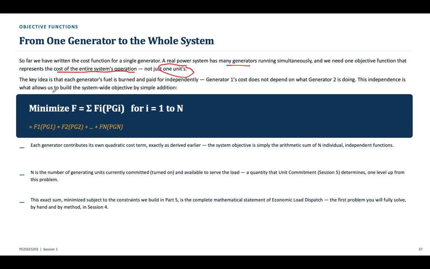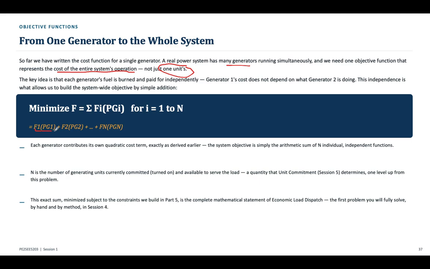The key idea here is that each generator's fuel is burned and paid for independently. Generator one's cost does not depend on what generator two is doing. This independence is what allows us to build the system-wide objective by simple addition. So minimize f, that is the summation of fi(Pgi) for i equal to 1 to n.